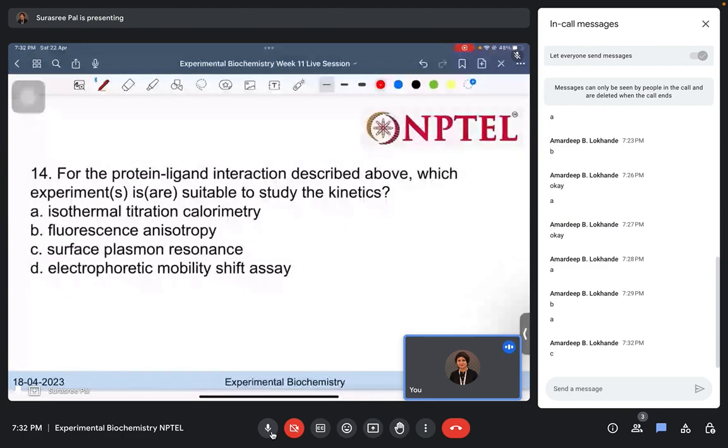Okay, next question. The correct answer here is no. The correct answer here is surface plasmon resonance.